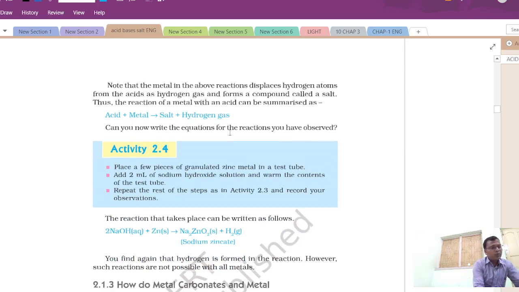Now move to the next topic. You can see here acid and metal.